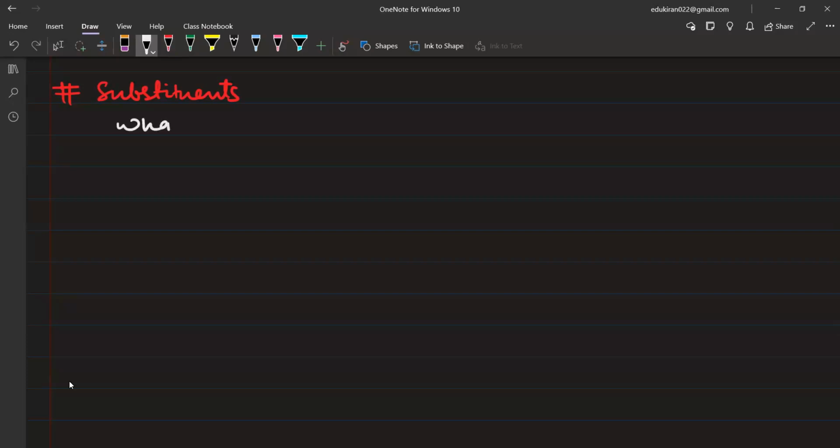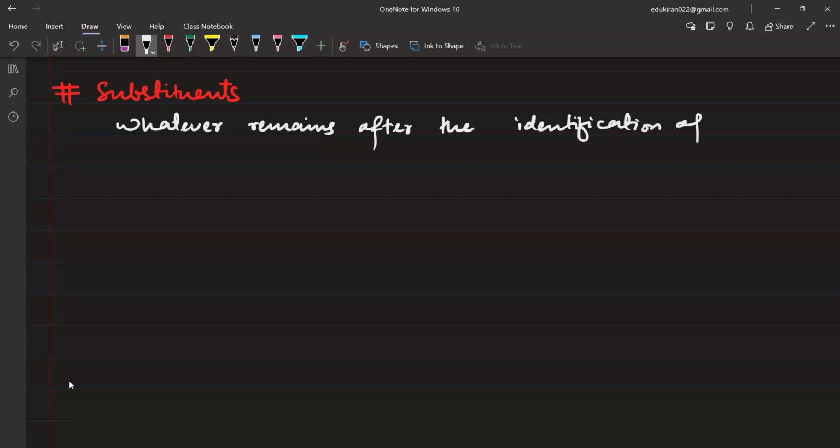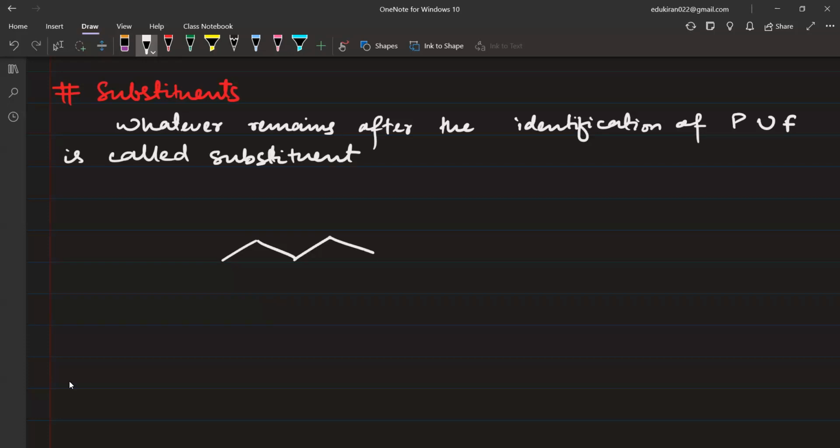Whatever remains after the identification of parent, unsaturation, and functional group is called substituent. Now, if I talk about substituent, I will give you an example. For example, you have some structure like this.